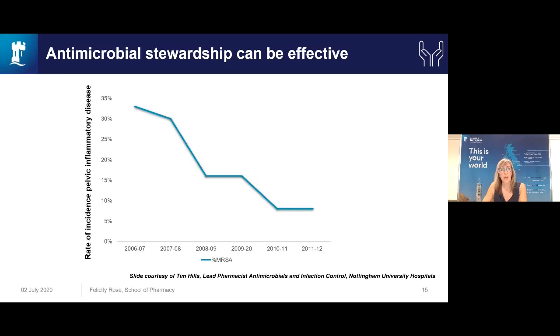Here you can see the rate of incidence of pelvic inflammatory disease on the y-axis as a result of MRSA infection over a 6-year period in a hospital. And you can see that we can reduce that rate of infection by MRSA by introducing these good health and hygiene practices and being careful about the use of the antibiotics that we have available to us.